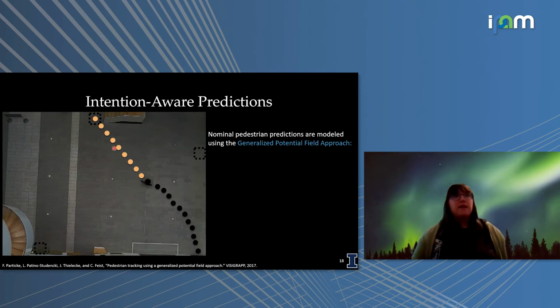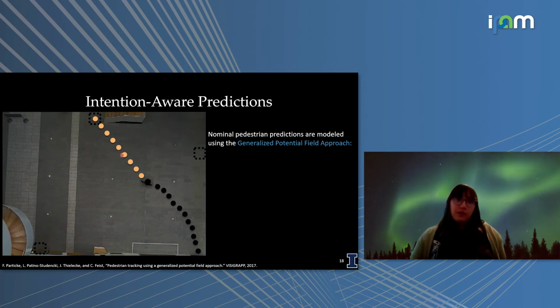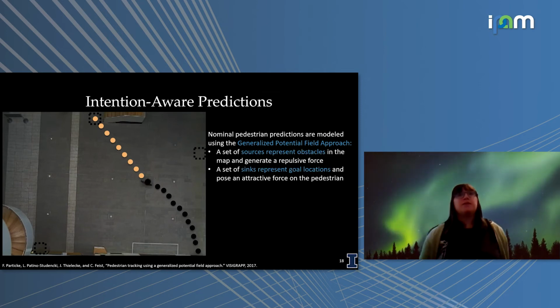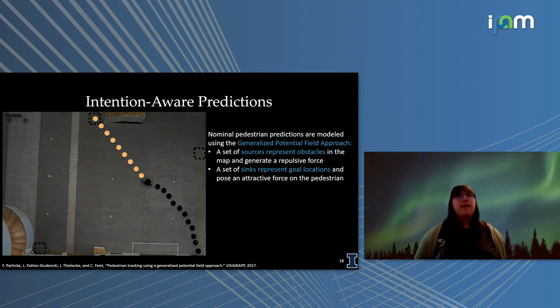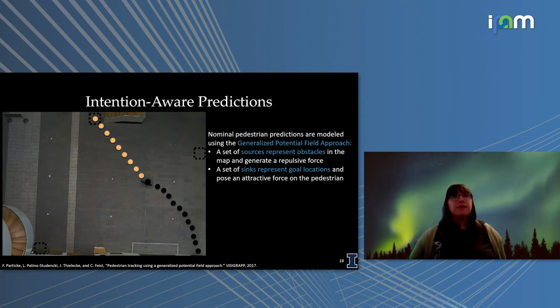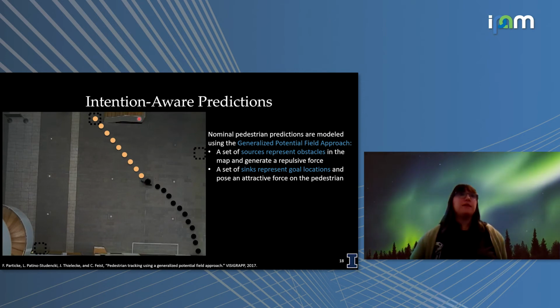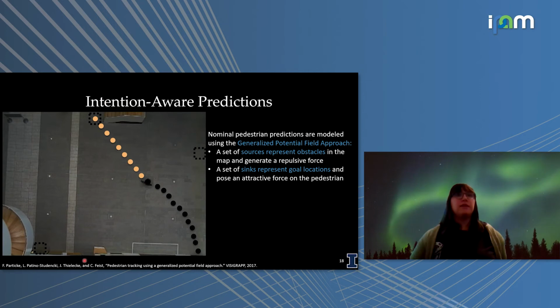To generate this first baseline prediction, we're going to use a potential field approach. Basically, this is going to take information from our environment and come up with a set of sources. And these sources are going to represent obstacles or boundaries in the environment.